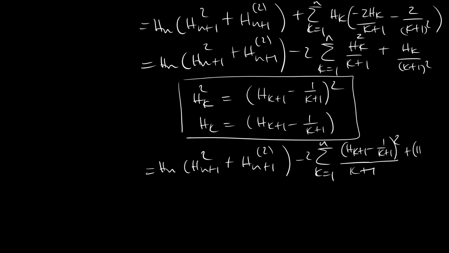So we have h k plus 1 minus 1 over k plus 1, over k plus 1 squared.